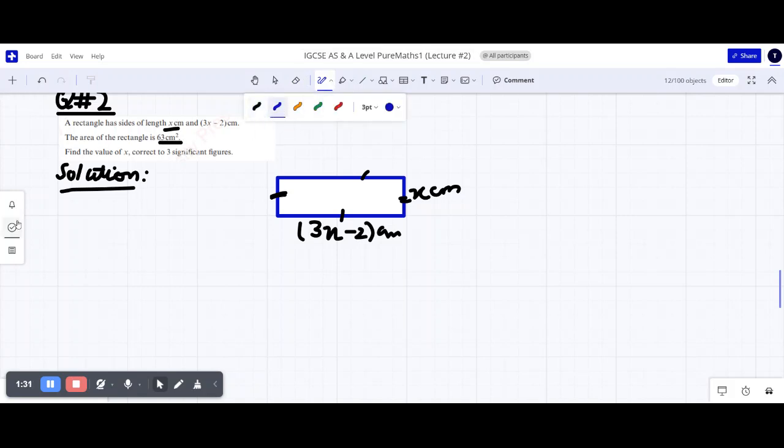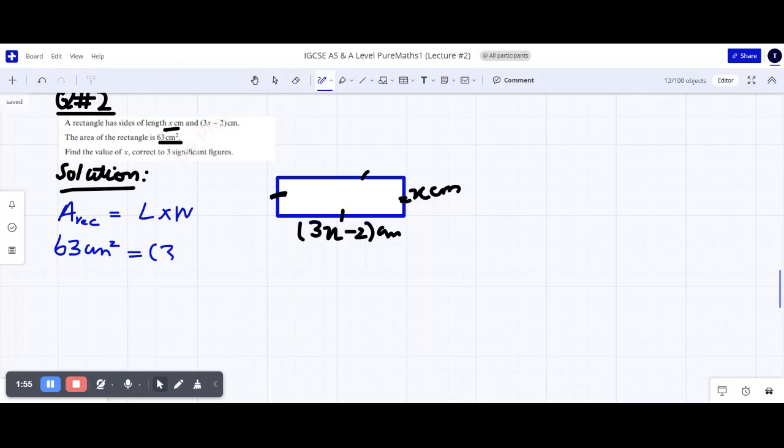So let's solve it. The first one, area of the rectangle is length times width. So the area is given, we will substitute the value there, which is 63 centimeters square equals length times width.